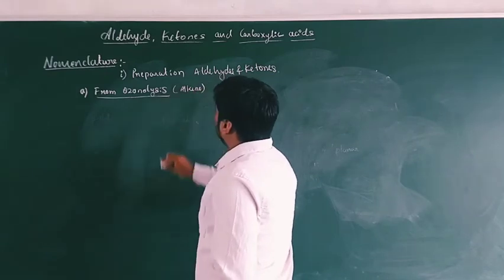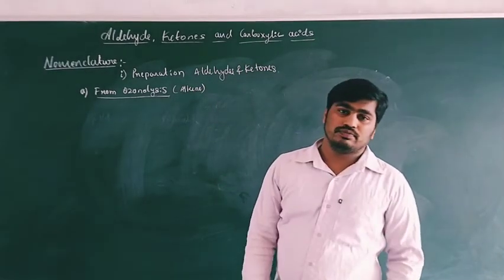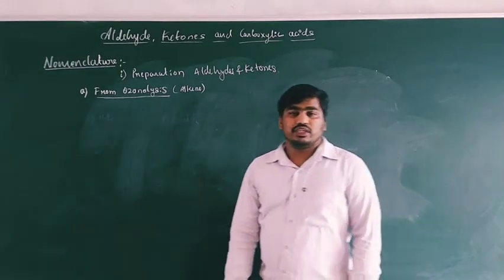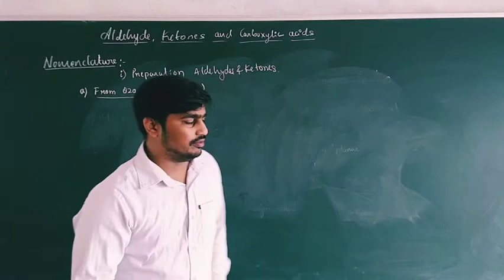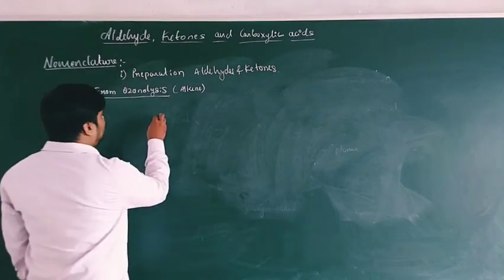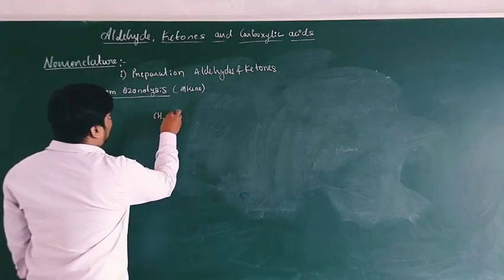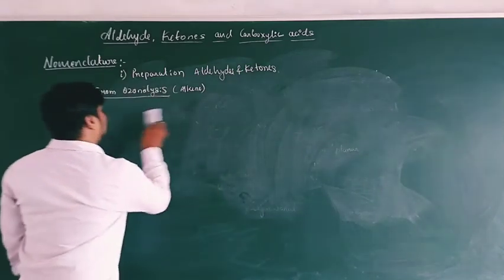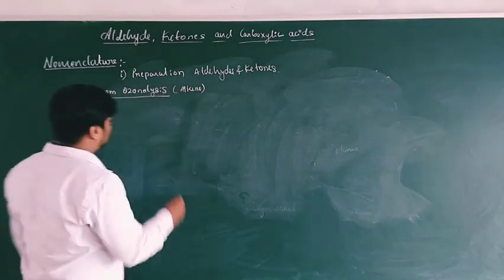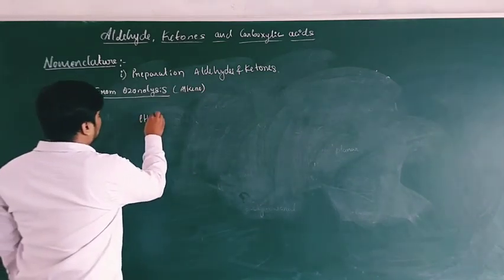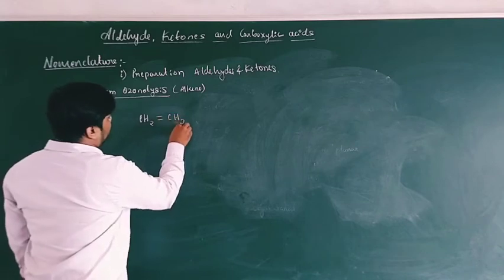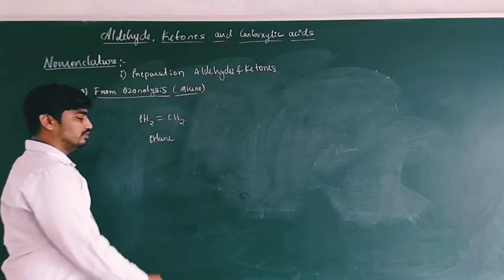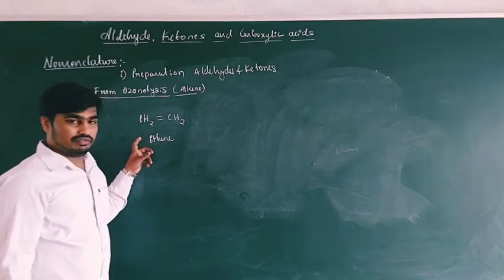How to prepare aldehydes and ketones from alkenes? When alkenes are subjected to ozonolysis, it gives an aldehyde. For example, CH2=CH2, ethene, is the example alkene.